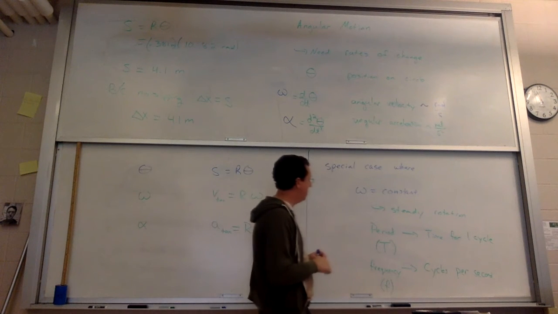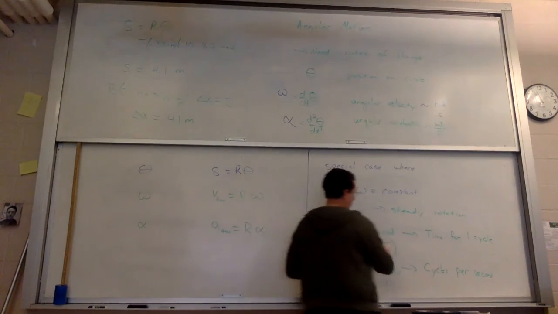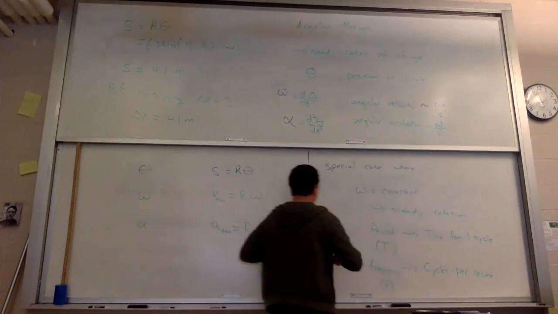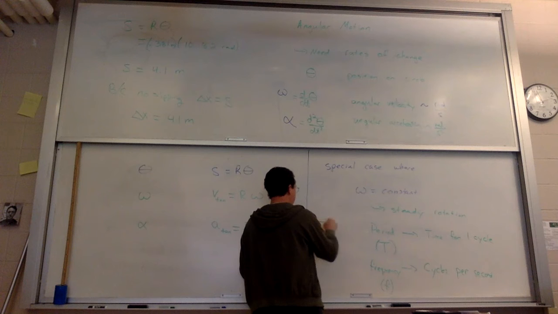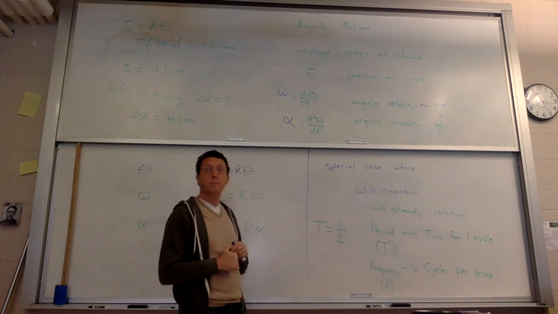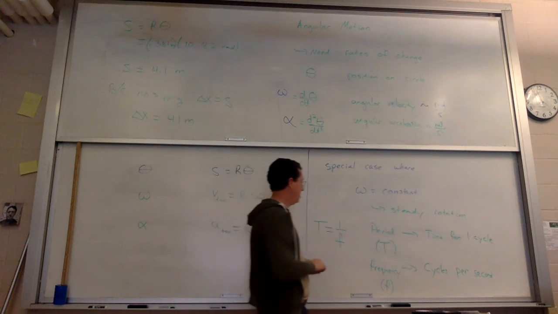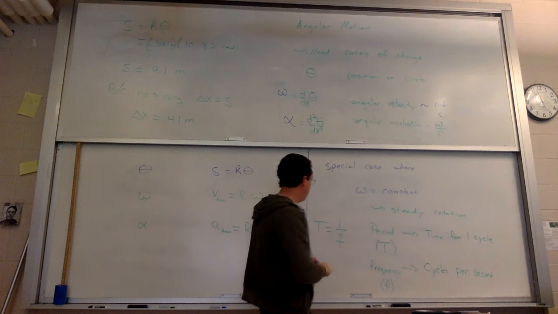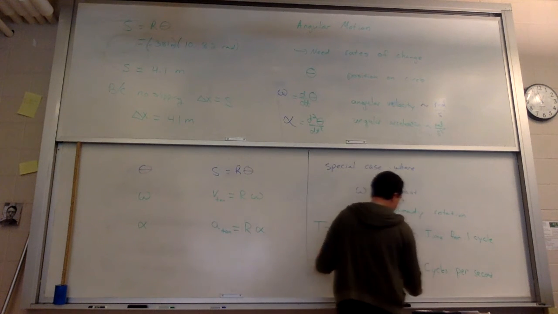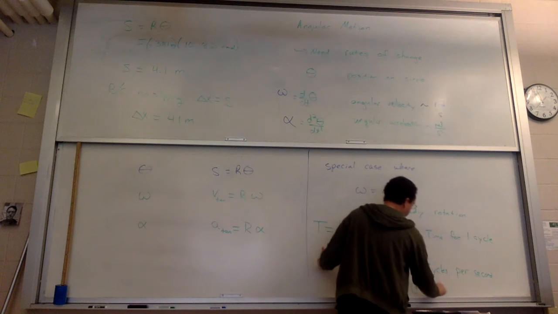And no surprise, there's a connection between these. If period is time per cycle, frequency is cycles per time, the connection is that the period equals 1 over the frequency. And because of that, we deduce that the units of period are going to be seconds. The units of frequency are going to be inverse seconds.